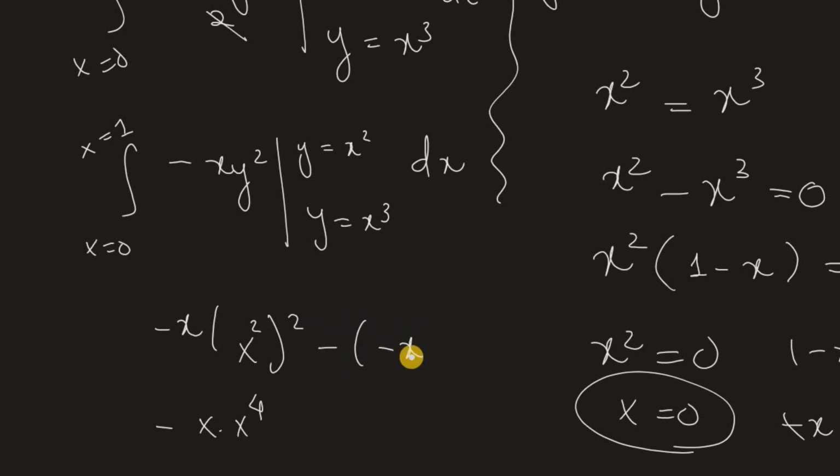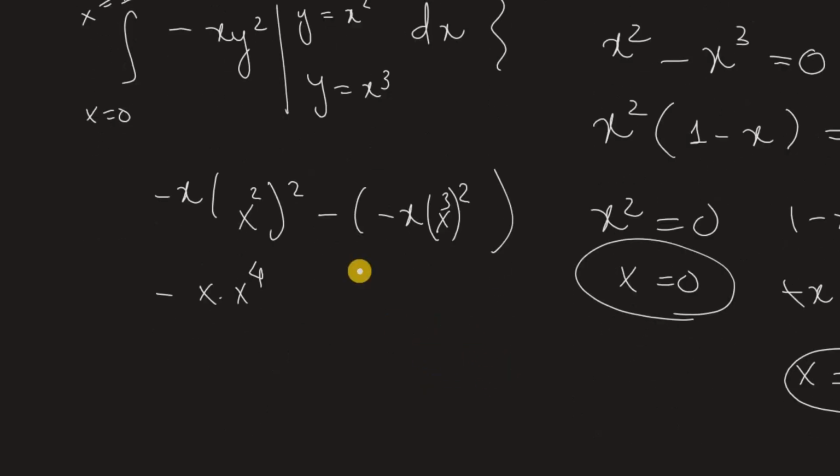and then subtract it, and we already have a negative over here, so that's why I wrote negative x. And then here we have y squared already in the equation, but we're going to replace this y with this x cubed. So that's 3 times 2, that's going to be 6.